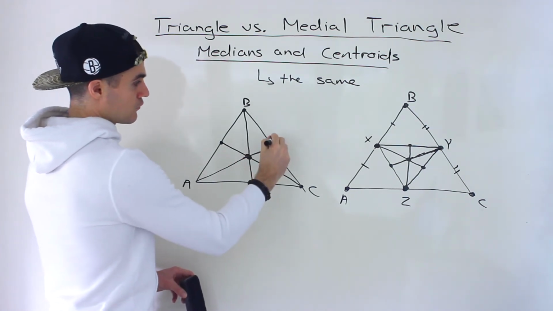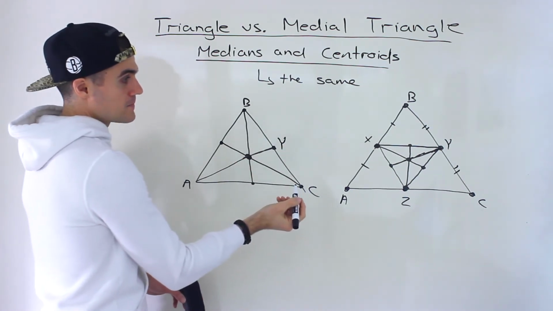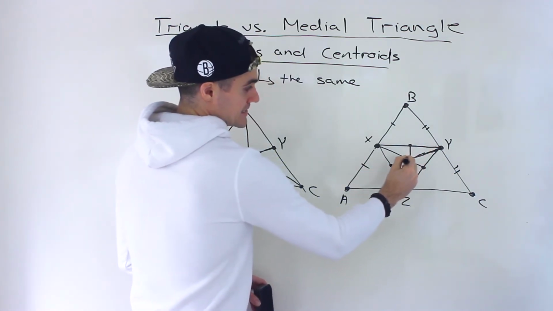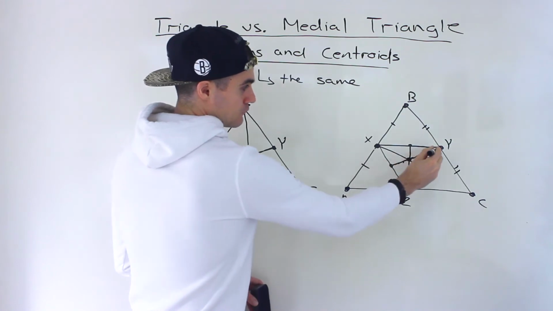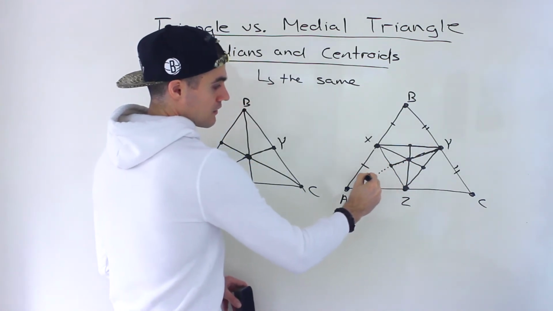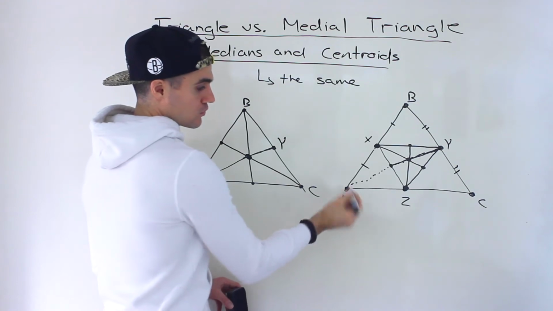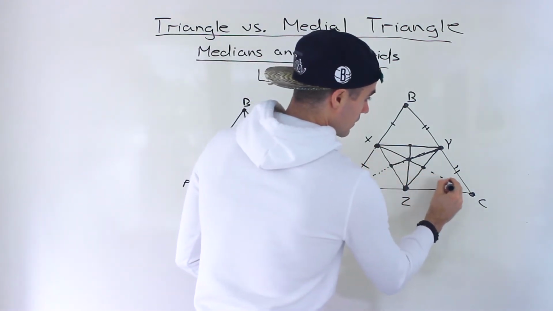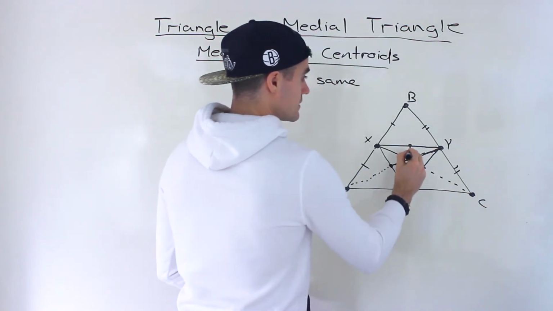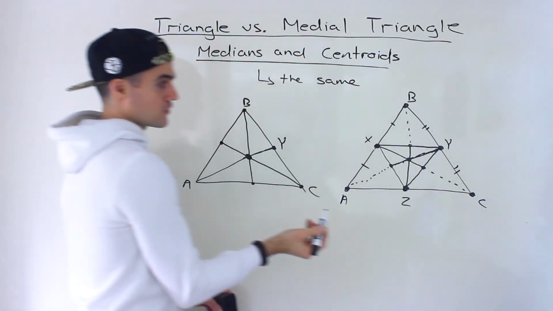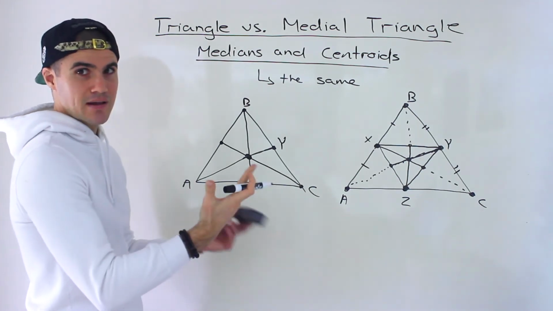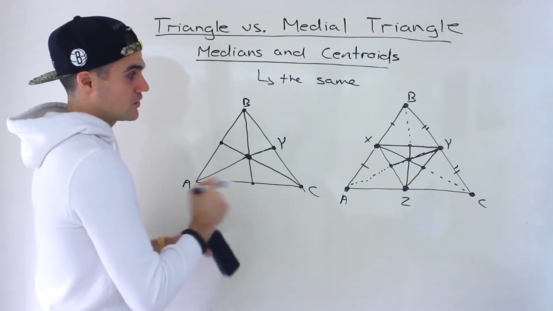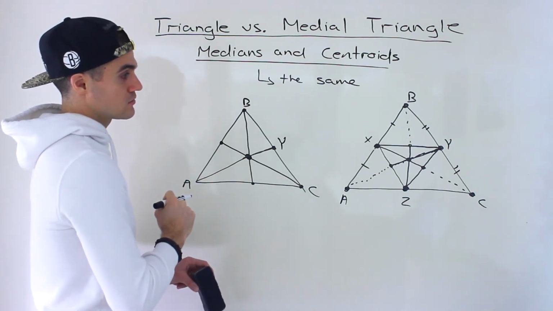Because notice that over here, it's point Y, and over here we have point Y. But what would happen is if we extend this line, okay, if we extend this median over here, it's actually going to go through vertex A. If we extend this median over here, it's going to go through vertex C, and if we extend this median, it's going to go through vertex B. And so that's basically how they relate. And again, if you want to try this with actual numbers, you can, and it's always going to hold.